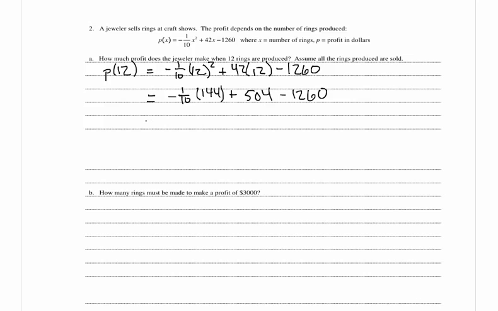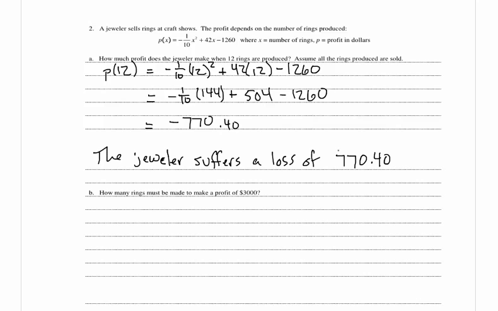And this is equal to negative 770.40. And the negative represents a loss. So if we have negative profit, we consider that a loss. And we would say that the jeweler suffers a loss of $770.40 when 12 rings are produced.